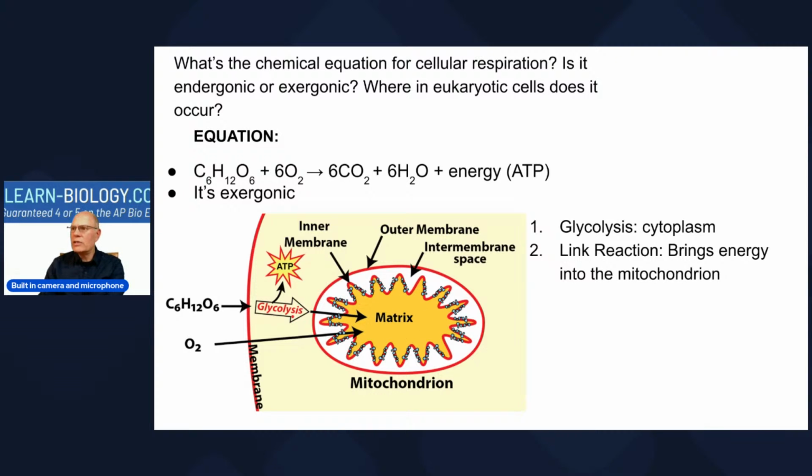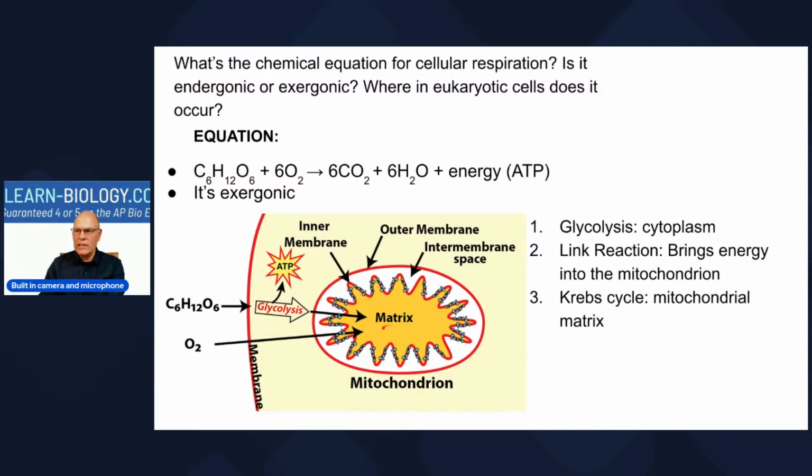So there's glycolysis, the link reaction follows. The link reaction is followed by the Krebs cycle, which happens in the mitochondrial matrix. And the mitochondrial matrix is sort of the cytoplasm of the mitochondria.